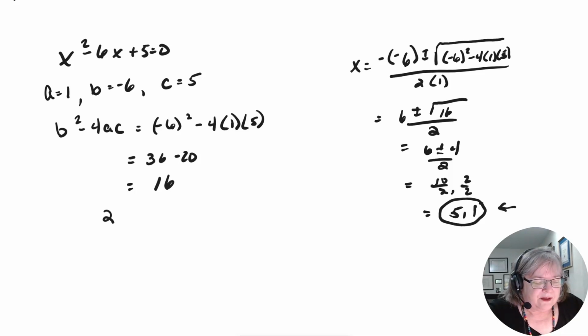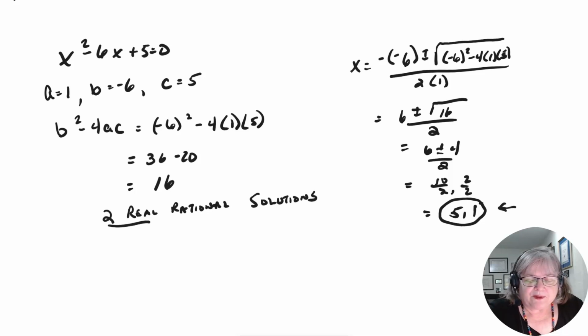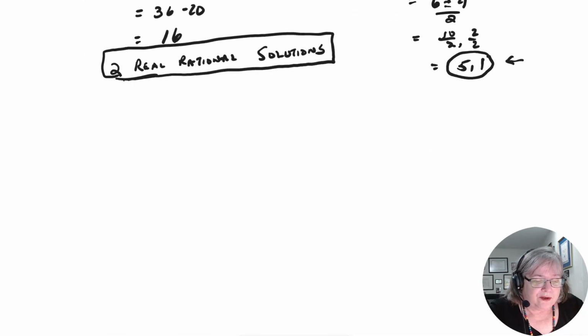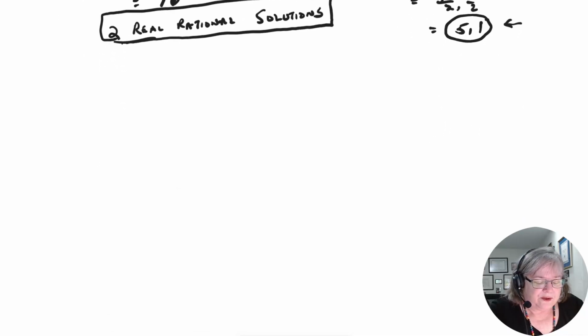And you would get 2 real rational solutions. Now, some of your teachers may just want to say 2 real. Some of them may want you to go 2 rational and don't need the real. You're going to have to determine what your particular course needs you to do.